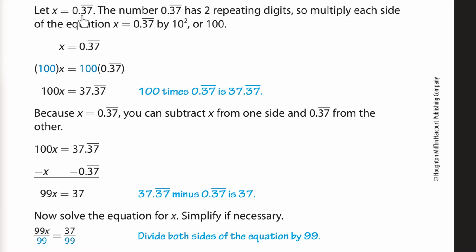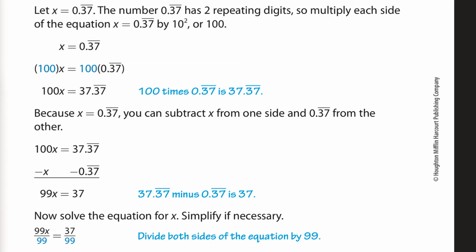But we go from this here. First, you let x equal 0.37 with the bar. It's a very abstract and strange process. The number has two repeating digits, so we multiply each side of this little equation by 100. So we're trying to move the decimal to the right. 100 times x is 100x, and 0.37 with the bar times 100 means you move the decimal 2 places to the right.